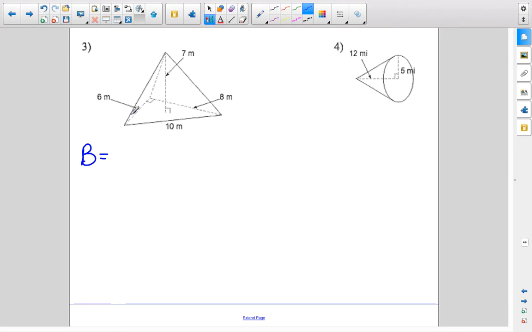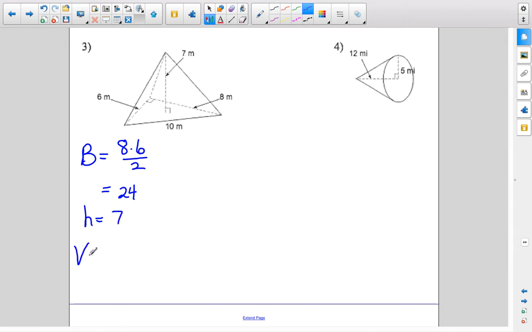And how do I get the area of a triangle? Base times height divided by 2. So I'm going to take my 8 and my 6 and divide it by 2. 8 times 6 is 48, divided by 2 is 24. The height, meaning the perpendicular height of my pyramid, is right here, 7.